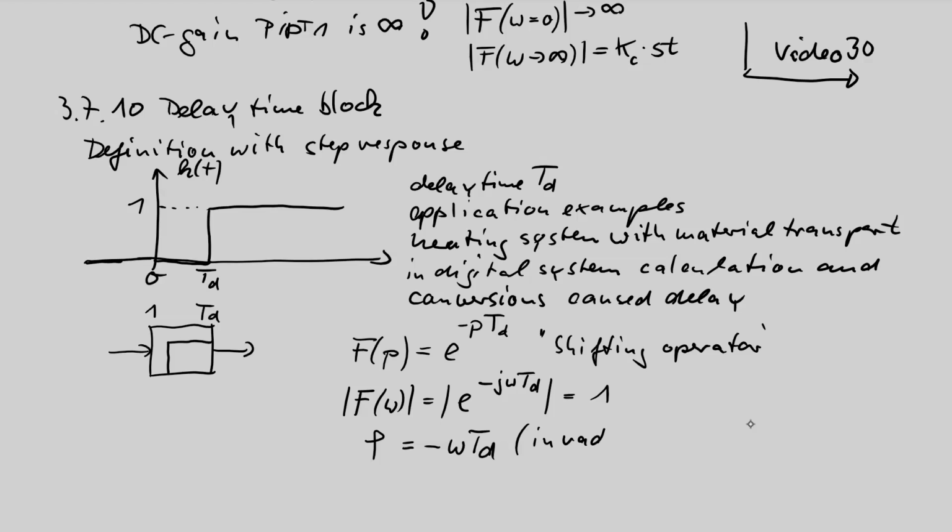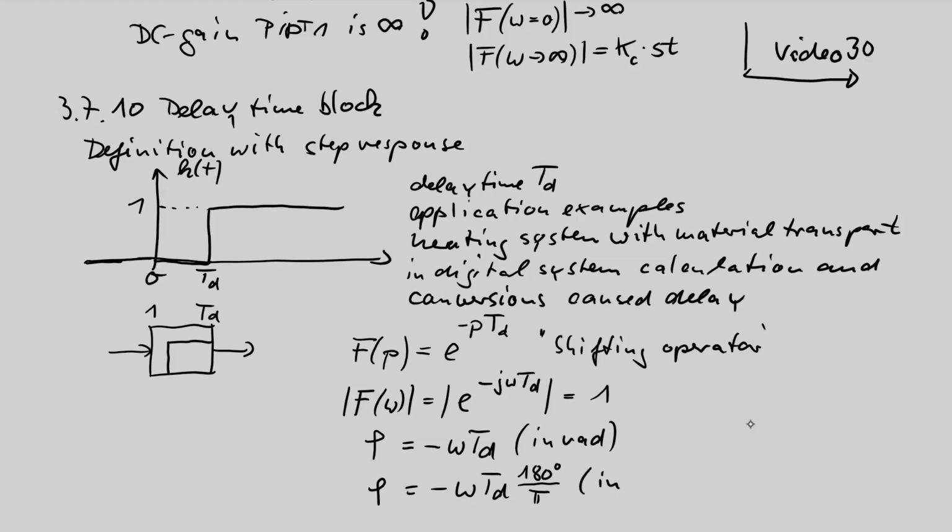But of course now you have to be careful. This is the radian value. If Td is 1 second and omega is 1/2, this is -1/2, that is not degrees, that is in rad. If you want the degree value, you have to correct this by the conversion factor 180 degrees divided by pi.